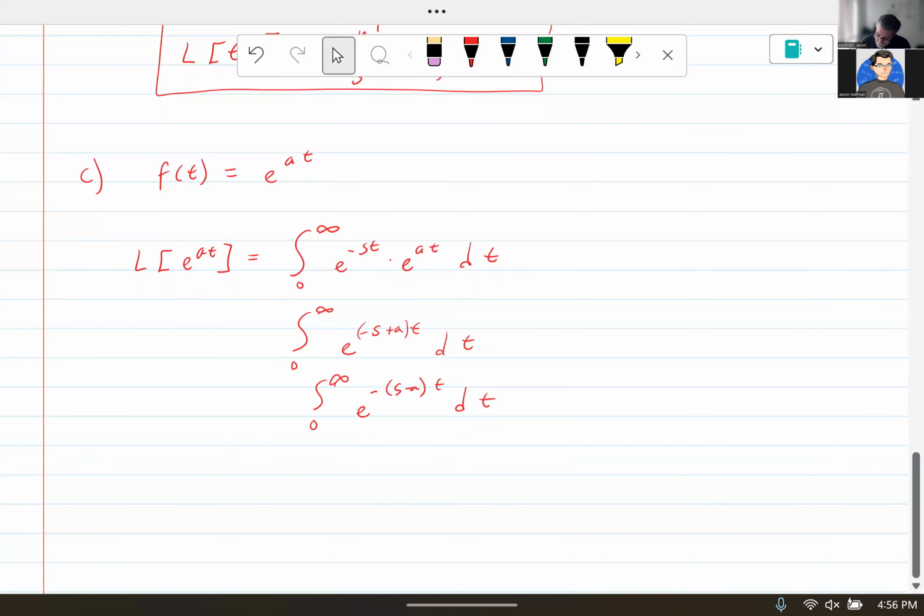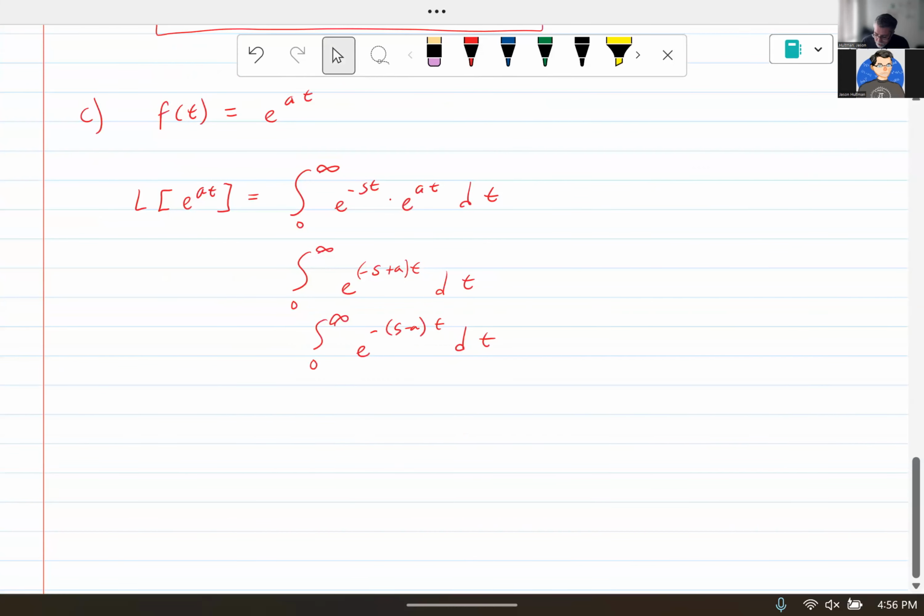Okay, so let's integrate this. When I integrate, negative (s minus a) is just a constant.